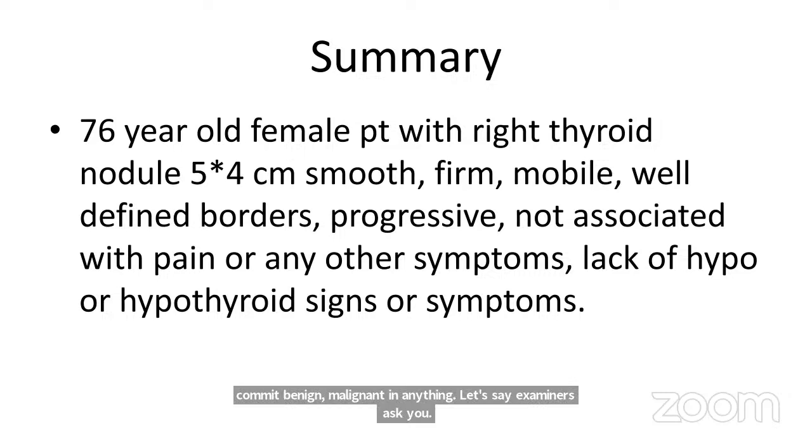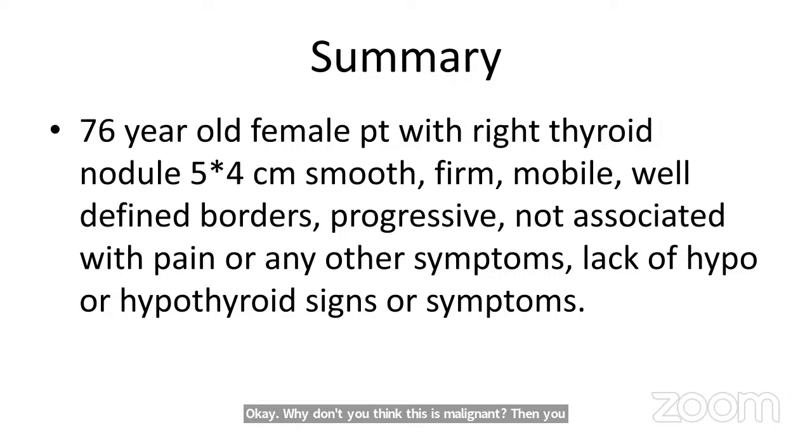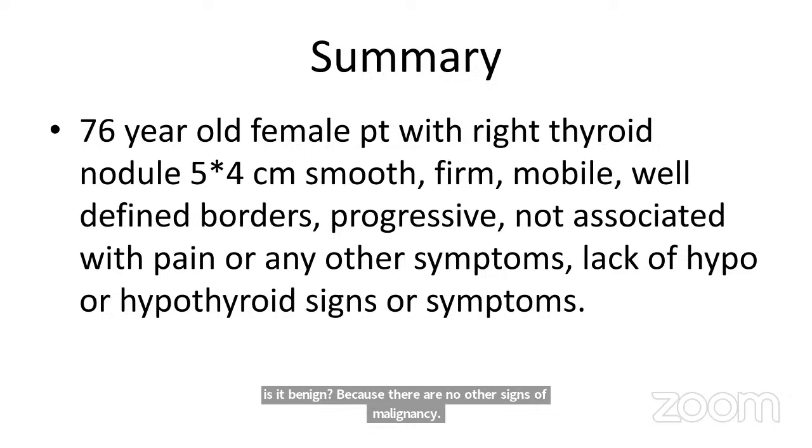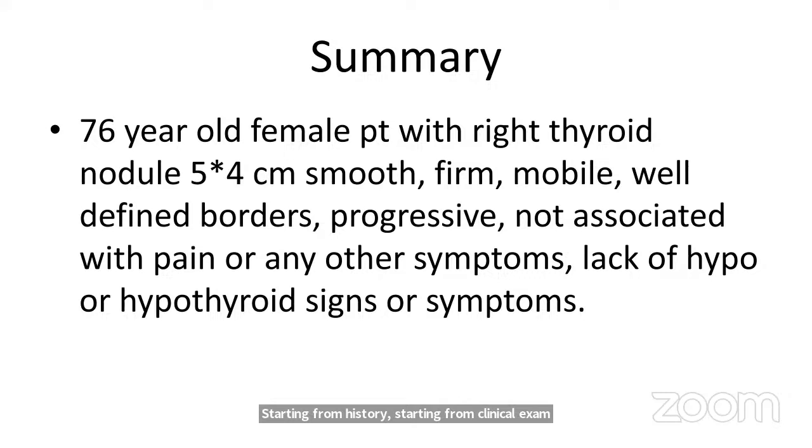Then you say the only fact pointing towards malignancy is that she's an elderly female with a short one-year history of thyroid swelling. Why is it benign? Because there are no other signs of malignancy starting from history, starting from clinical examination, no lymphadenopathy, consistency doesn't seem to feature, and all the other findings. So this is a solitary thyroid nodule for evaluation. That's how I would give the diagnosis.